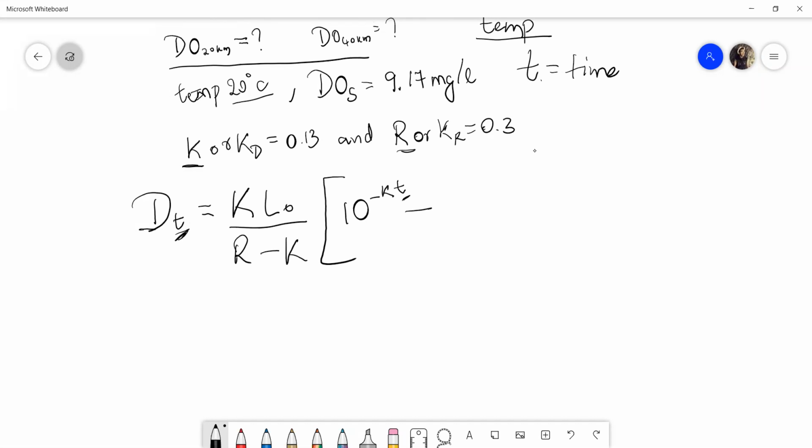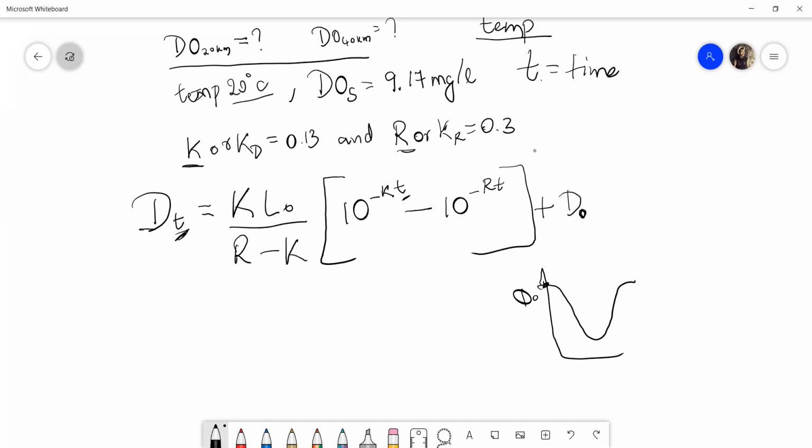Minus 10 to the power minus RT, that is time, plus D naught. It's not DO, it's D naught, that is oxygen deficit at initial stage. So when this curve starts, at the initial stage, what is the D naught value?